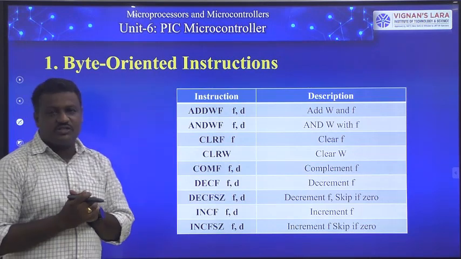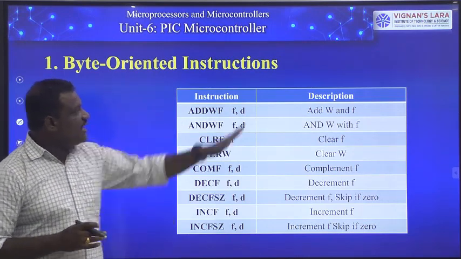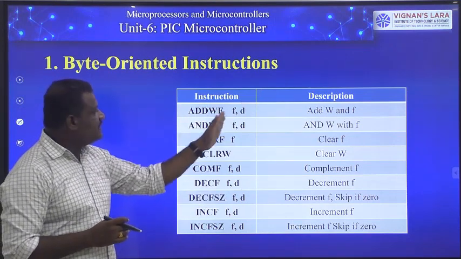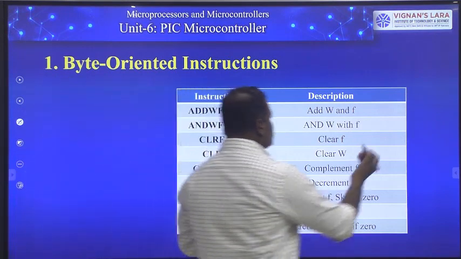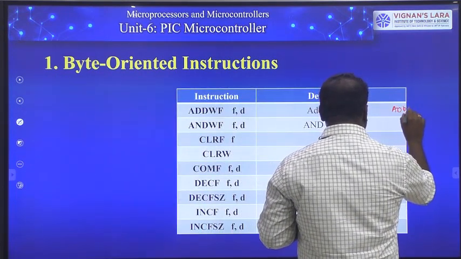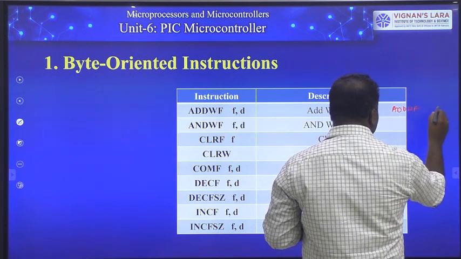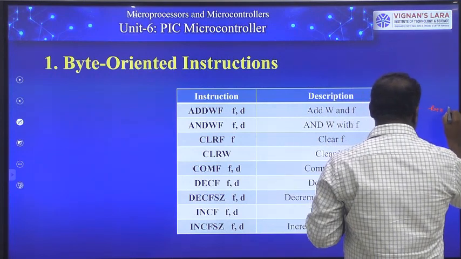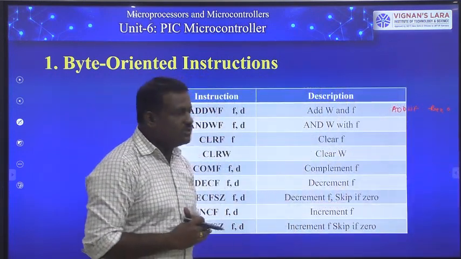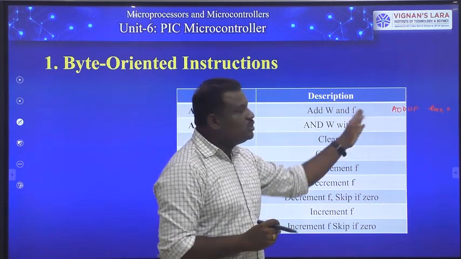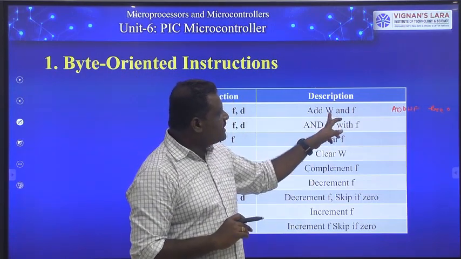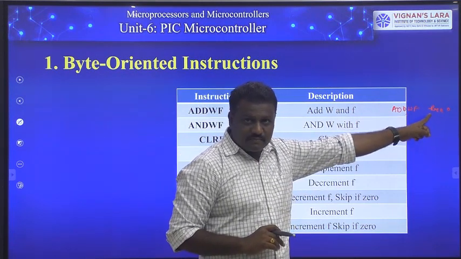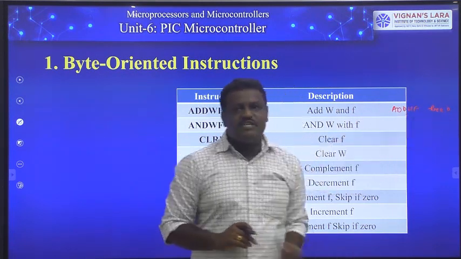So, bit-oriented instructions. This is an instruction and this was a description. See here, friends, ADDWF space F comma D. If I write an instruction like this, ADDWF space some register comma D equal to 0, that means do addition between the working register W and a file register F. After addition, your D value is equal to 0.